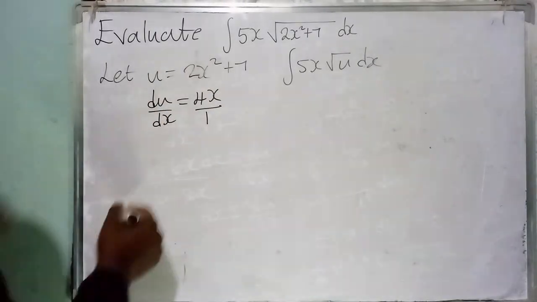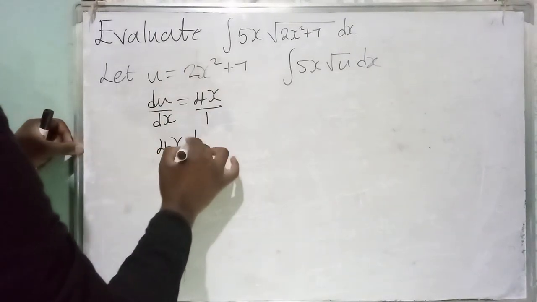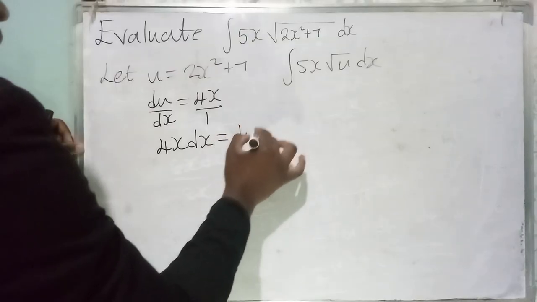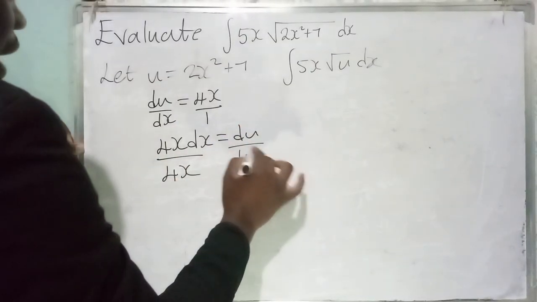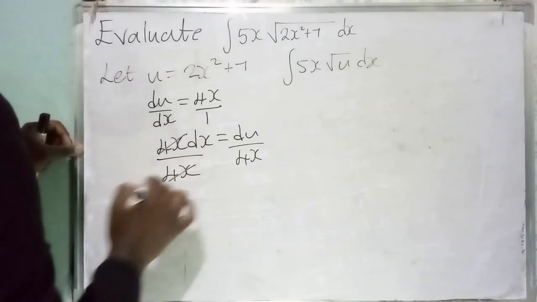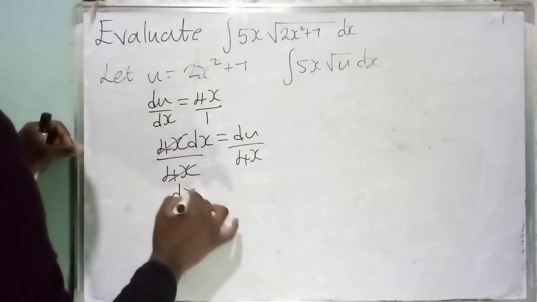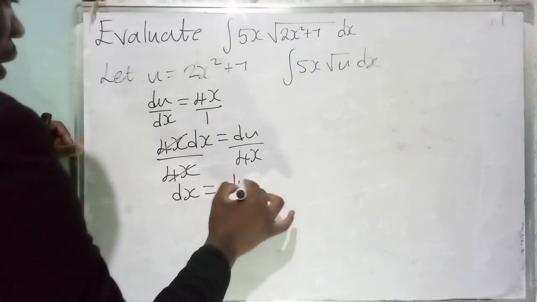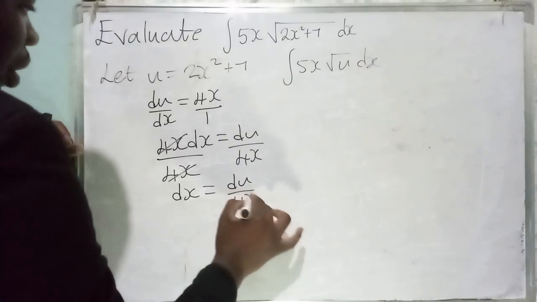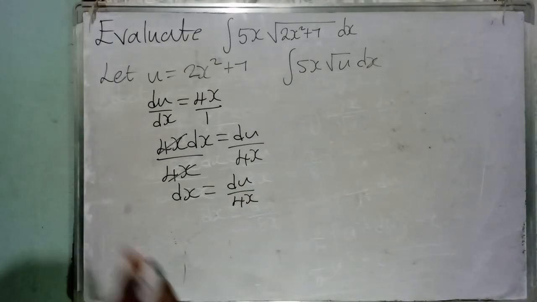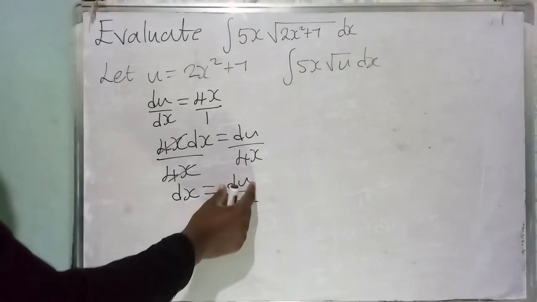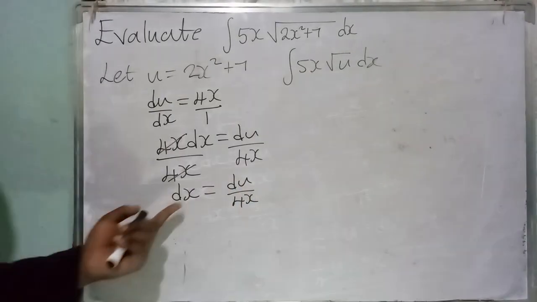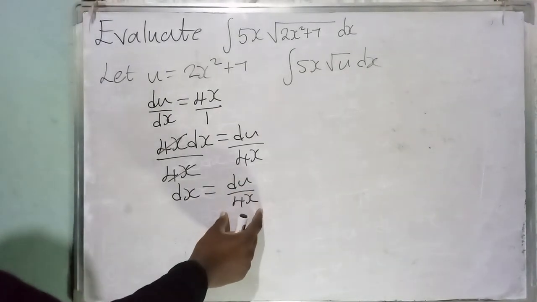We cross multiply, having 4x dx equal to du. Then we divide by 4x, and 4x cancels, so dx is equal to du over 4x. While there is dx on this side, we substitute it with du over 4x.